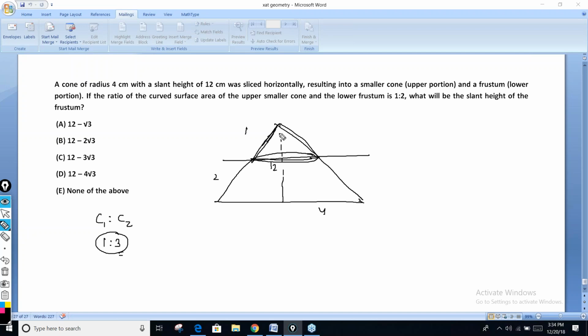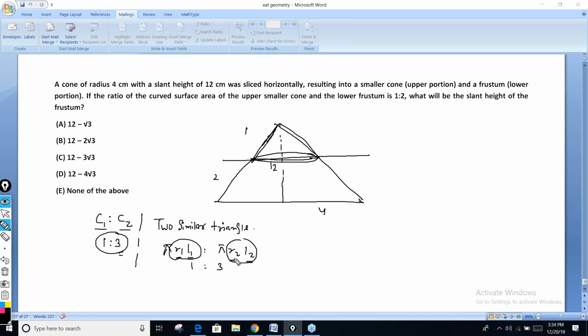This cone and the bigger cone are two similar triangles, kind of. If there are two similar triangles, their every side will be in the same ratio. So if the curved surface area, which is pi r L, is in the ratio of 1 to 3, can I say radius and slant height will also be in the same ratio?